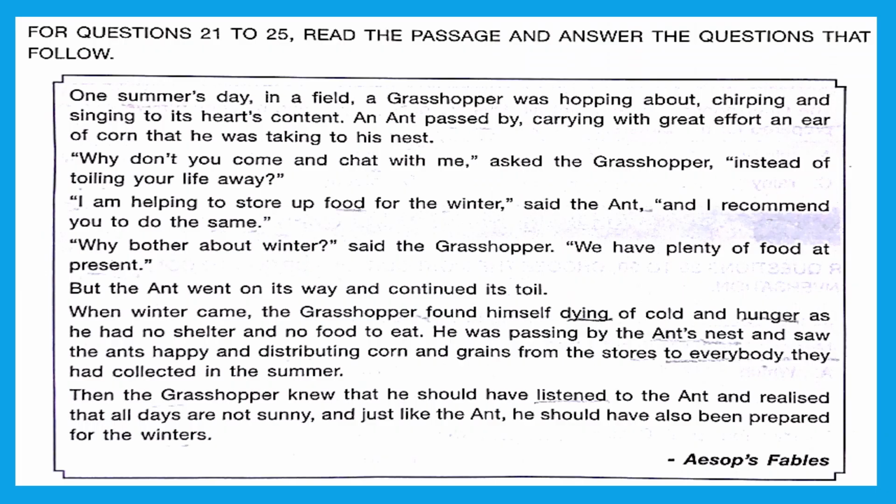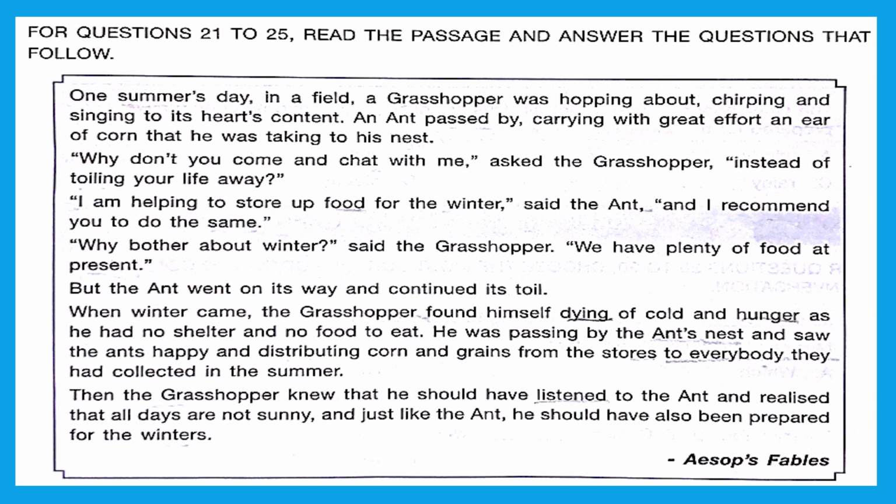For questions 21 to 25, read the passage and answer the questions that follow. One summer's day in a field, a grasshopper was hopping about, chirping and singing to its heart's content. An ant passed by, carrying with great effort an ear of corn that he was taking to his nest.